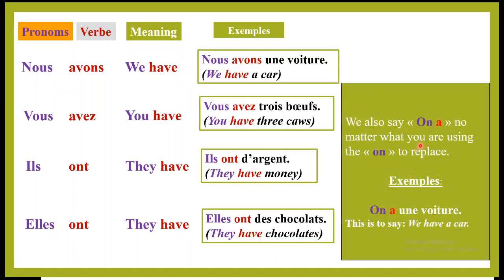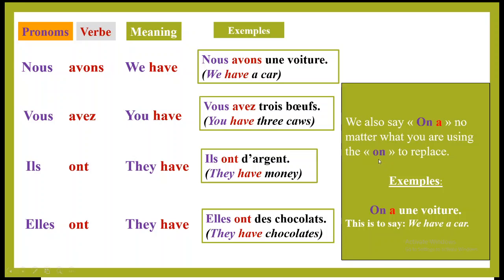We also say on a. But you don't say on a with a break; you say on a. No matter what you are using on to replace. You have learned how to use on. Use on to replace one, we, and so on.